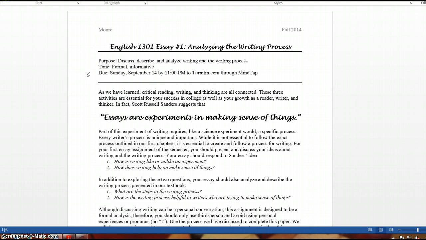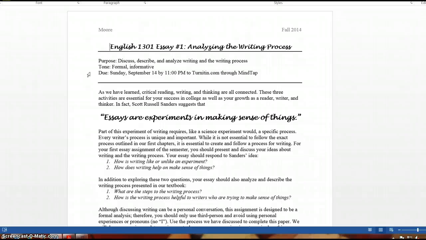So next week we'll have a draft due and we'll look at our draft critically and analyze it. But for this week, you have an outline and a thesis statement due. You will find that assignment at the end of your Chapter 4 in MindTap. It will tell you to upload your thesis statement and outline.